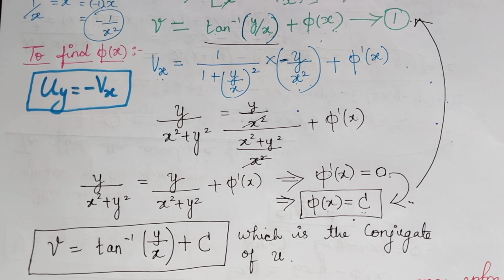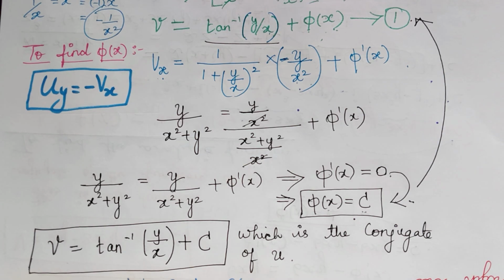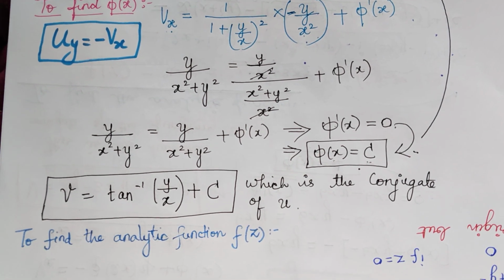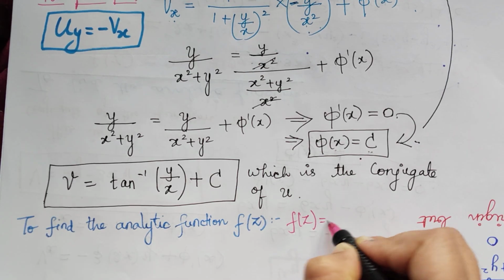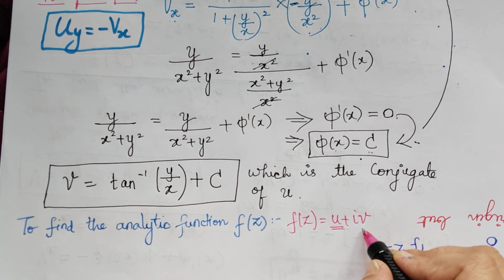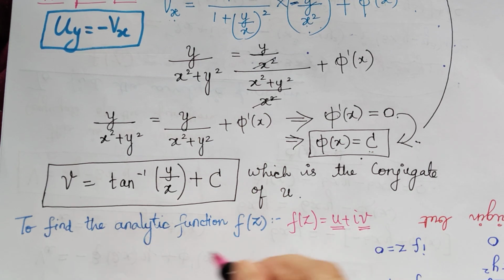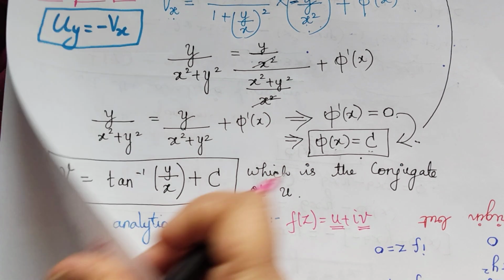And the last step is to find the function f of z. So we know that f of z is equal to u plus iv. We shall substitute the value of u and the value of v over here. So f of z will be equal to, what is the value of u?